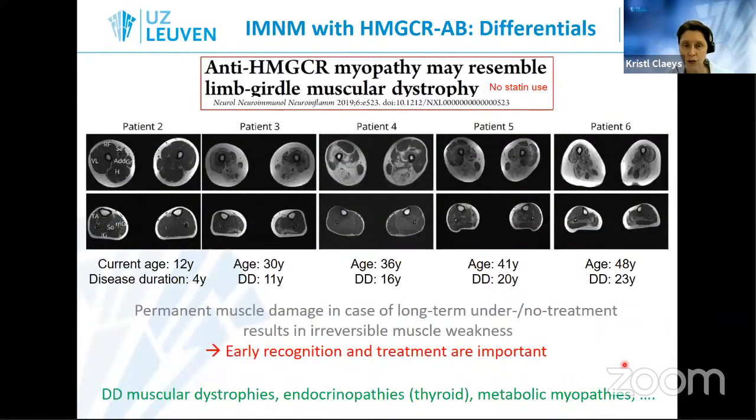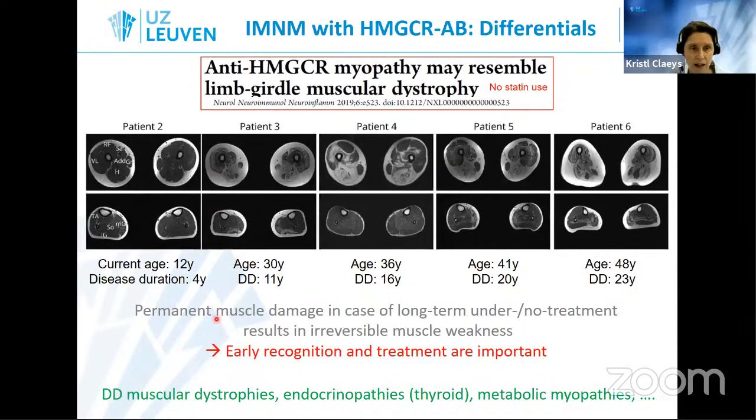And this is also shown in this study, where several patients that were considered to have a limb girdle muscular dystrophy were later shown to have those HMGCR antibodies and to have an autoimmune necrotizing myopathy instead of the muscular dystrophy.